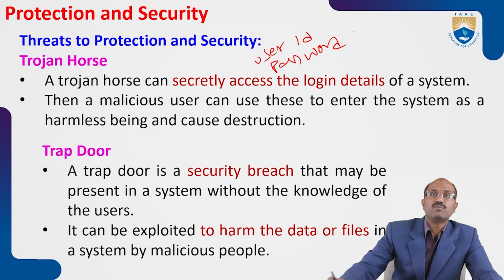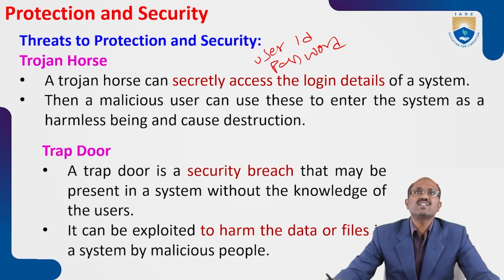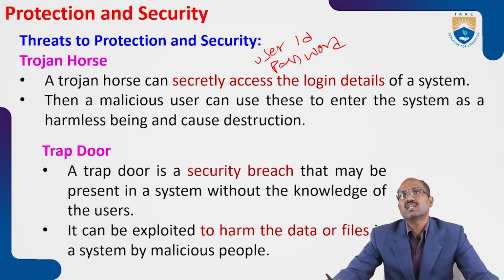This is very harmful, as another person can take your data. So the Trojan horse targets user ID and password. Then a malicious user can use these to enter the system as a harmless being and cause destruction.